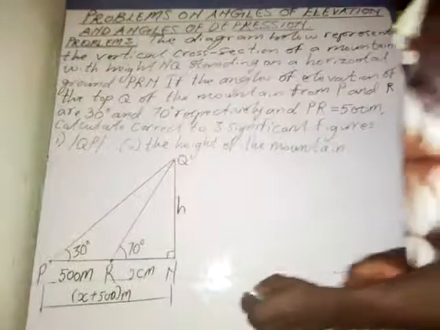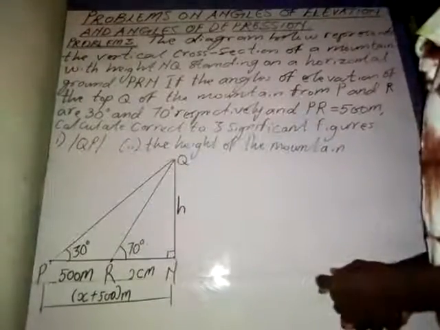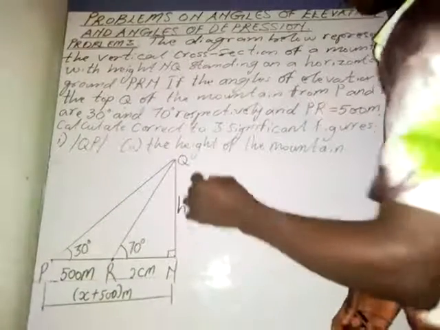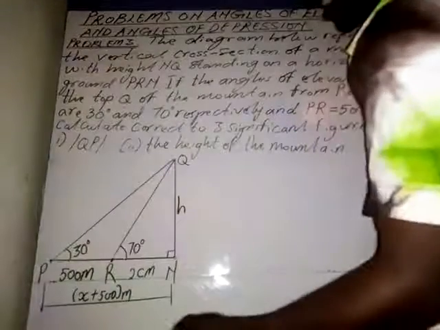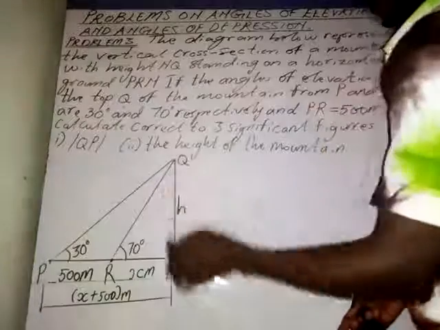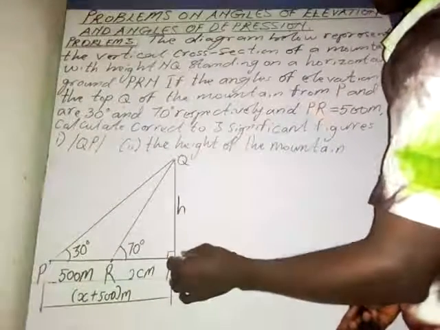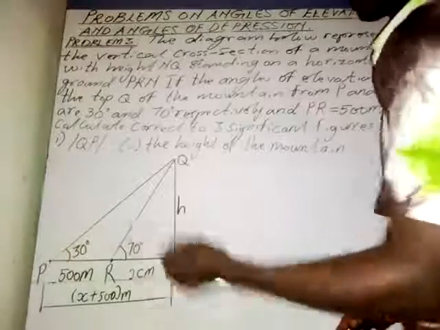So if you look at this figure that we have here, we have two right angle triangles: right angle triangle PQN and right angle triangle RQN. We know the distance from point P to point R is 500.